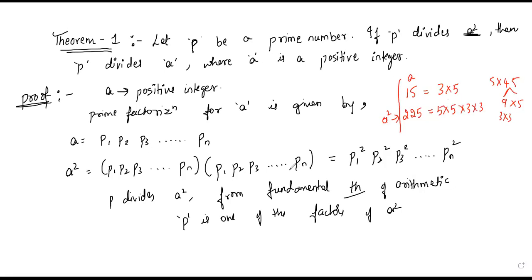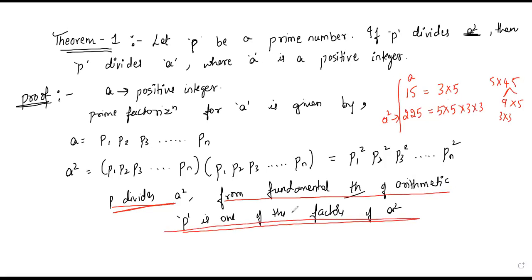Correct? So, according to this, if P divides A square from fundamental theorem of arithmetic, P is one of the factors of A square. Let me consider this as P1 and P2. So you can also see this P1 and P2 are the factors which are present for A square also.